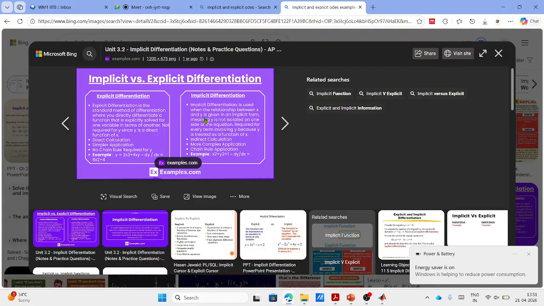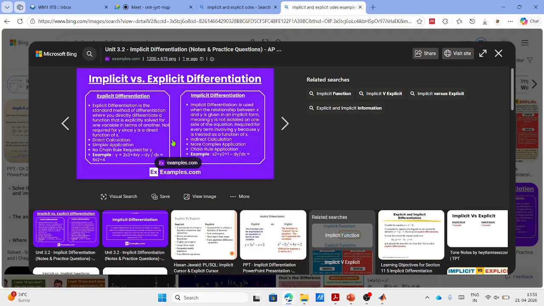So here this is an implicit function. In the explicit function, explicit differentiation is the standard method of differentiation where we directly differentiate a function that is explicitly solved for one variable in terms of another. Not required for y since y is a direct function of x. So this is the example where dy by dx here is given as 6 times x square plus 2.